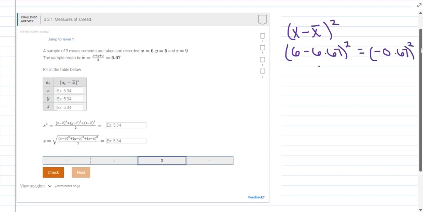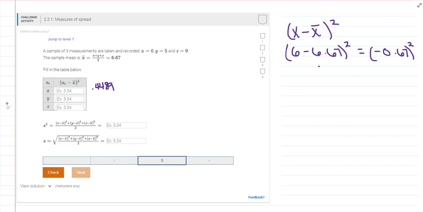So of course a negative times a negative is a positive. I'm going to have to do this off screen here, but we're going to go negative 0.67 times negative 0.67, and that is going to be 0.4489. So that's going to be the value we get for this first one here.